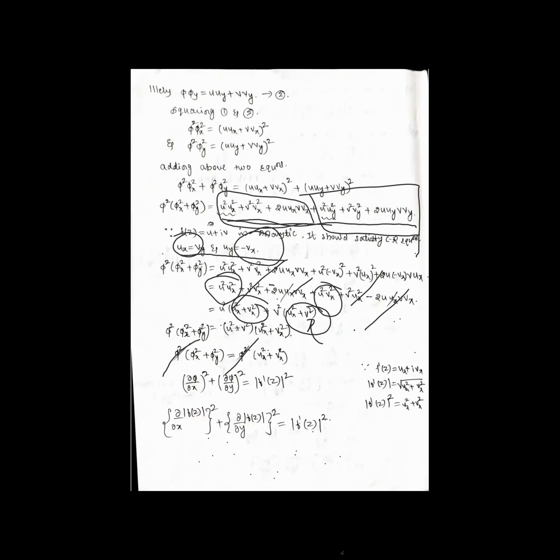So ρx square plus ρy the square is equal to ux the square plus vx the square. ρx the square means what? (∂ρ/∂x) the square plus (∂ρ/∂y) the square. See, we know that f dash of z is equal to ux plus ivx. Mod of f dash of z is equal to the square root of ux the square plus vx the square. So squaring both the sides, mod f dash of z the square is equal to ux the square plus vx the square.